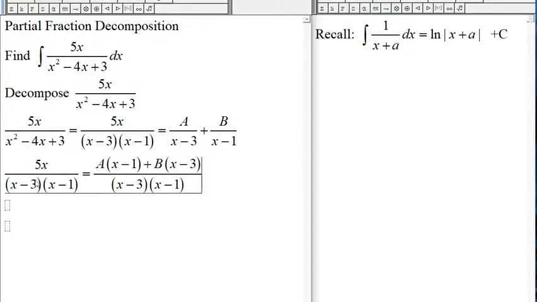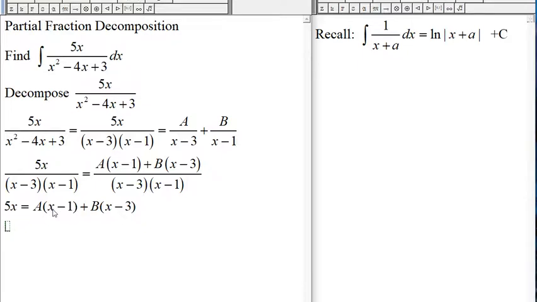And so we compare the expression on the left and the right. The two denominators are the same, and so the two numerators have to be the same. To figure out what a and b are, pick something that will make one factor 0.